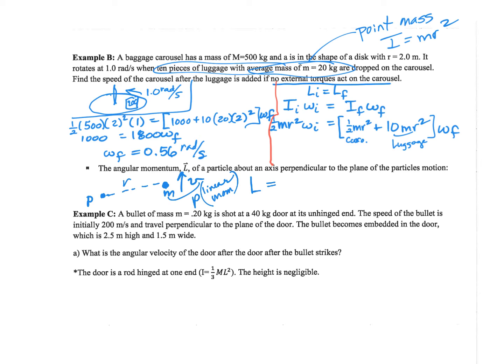Would you agree? Maybe we should call this an O for origin. That linear momentum of a mass moving at a velocity causes an angular momentum. Do you remember how we switched between all the other types of linear versus angular? We multiplied by what? To get the angular, we multiplied the linear by R, didn't we? Think about it.